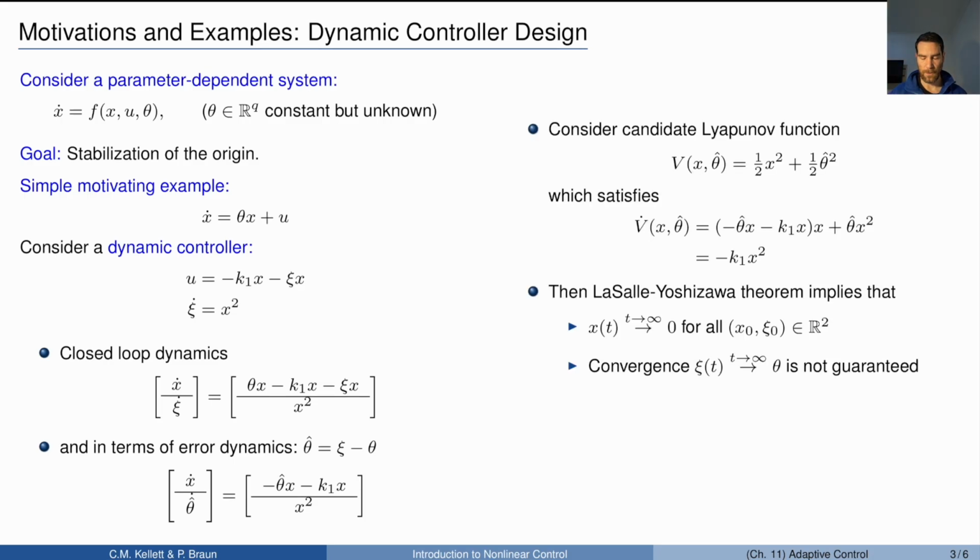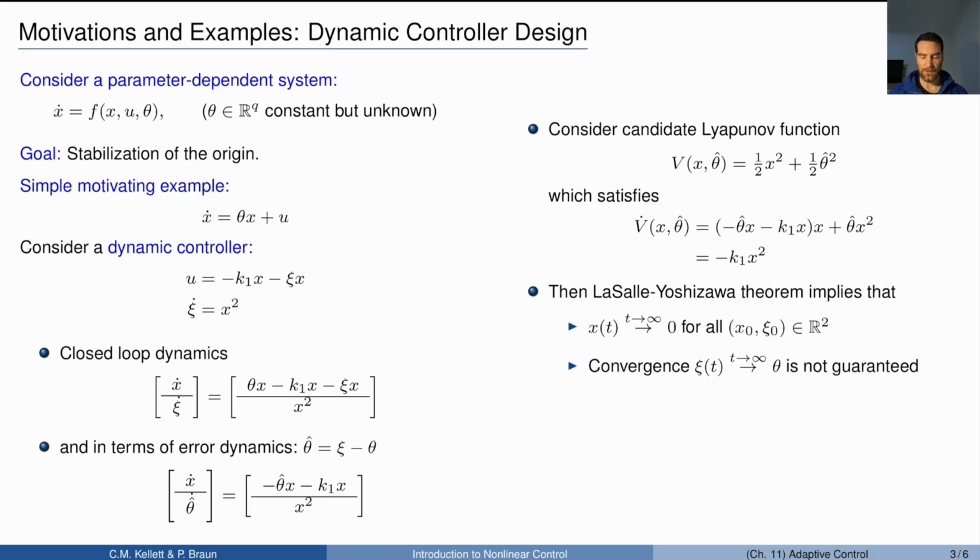Okay, well, how do we analyze the properties of the origin of this dynamical system? Well, we can again come up with a candidate Lyapunov function and have a look at which properties its derivative satisfies. And here we end up with the equation V dot is equal to minus k1 times x squared.